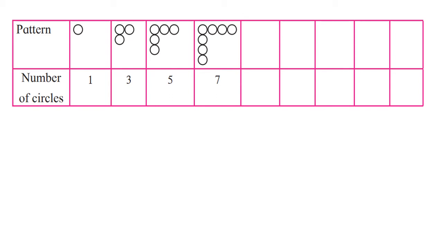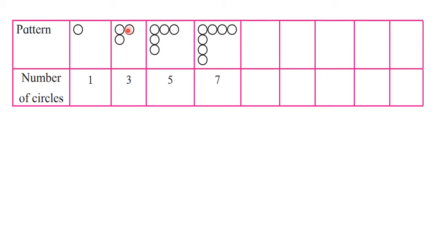Now here, a textual exercise activity is given. One pattern is given and they have asked you about the number of circles in the pattern. Here you can see one circle is there, so one is written. Then to both places, to the right hand side and also below that first circle, one circle is added.